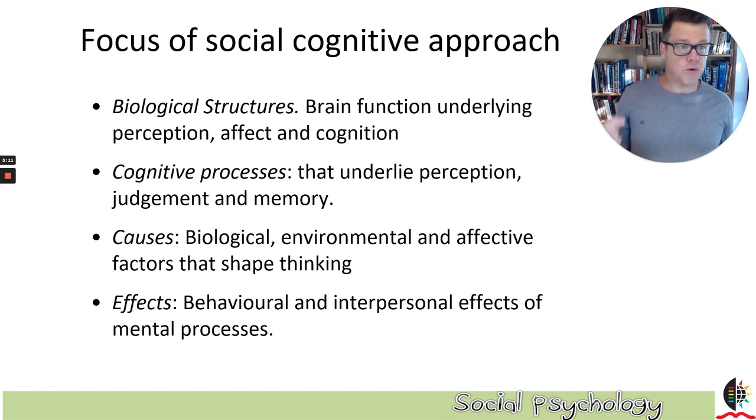And then we're interested in causes and effects, like we generally are in social psychology. Biological, environmental, and affective factors shape our thinking. So our history, where we grew up, our mood at the moment affects these processes. And of course, these processes then have behavioral and interpersonal effects.